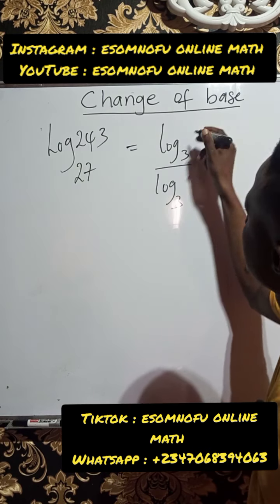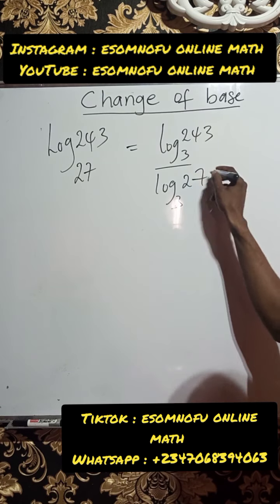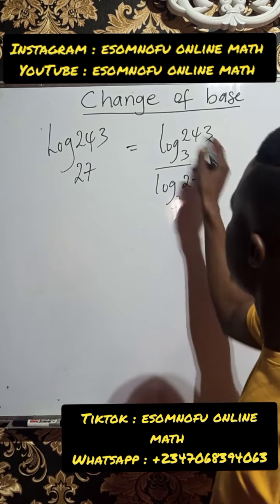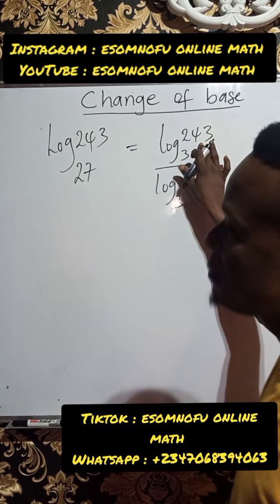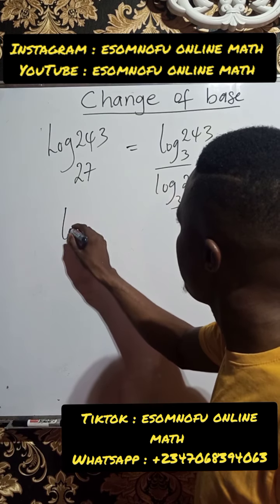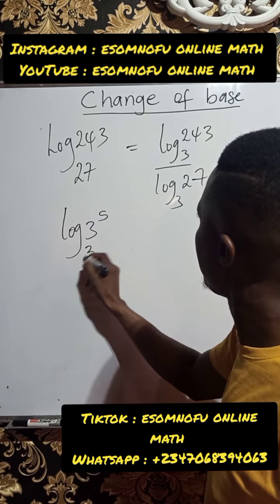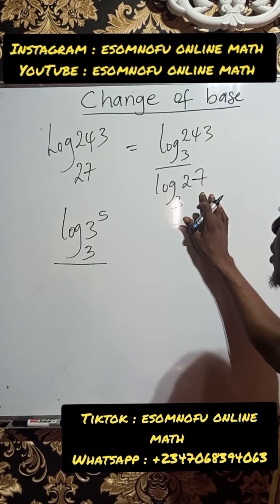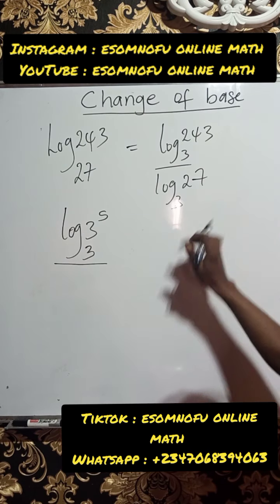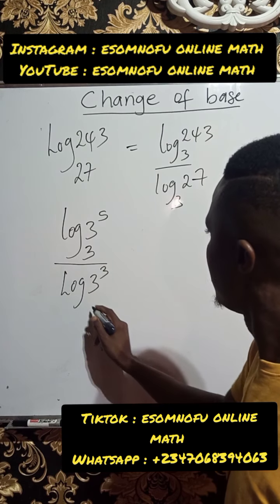Then the first number here is 243, and then this is now 27. Now, 243 means 3 times 3 times 3, 5 times. So it will now be log 3 power 5 base 3 over log of 27, which is 3 times 3 times 3, 3 times. So I will turn 27 to 3 power of 3, base 3.